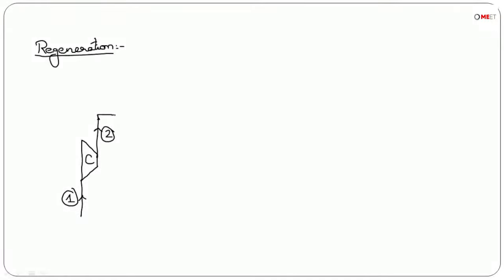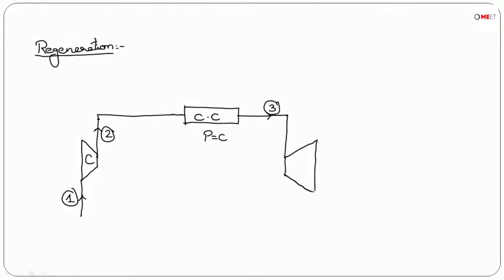Now from this compressor, air enters into a combustion chamber where heat is added at constant pressure like this. Then this air comes out from the combustion chamber and enters into a turbine.